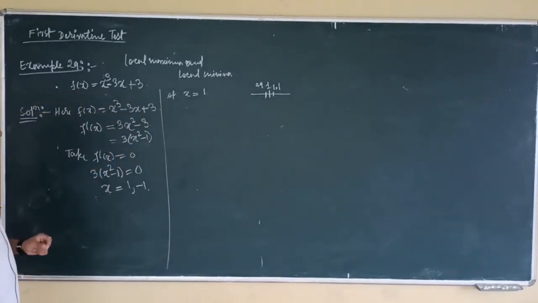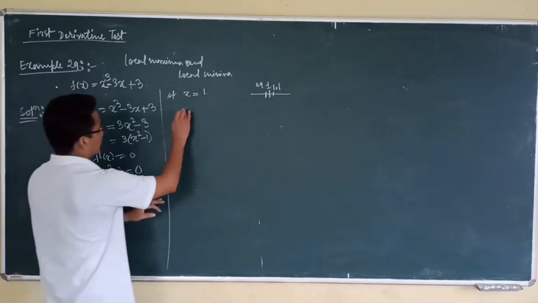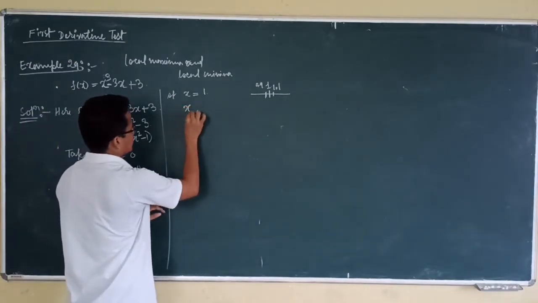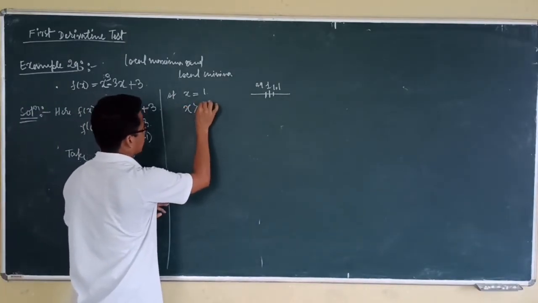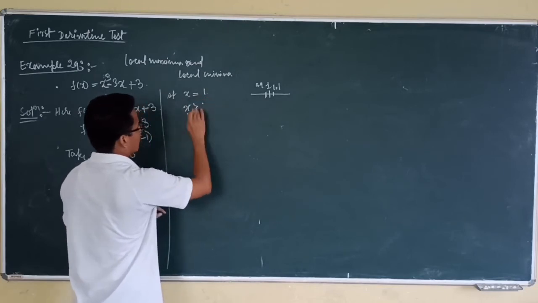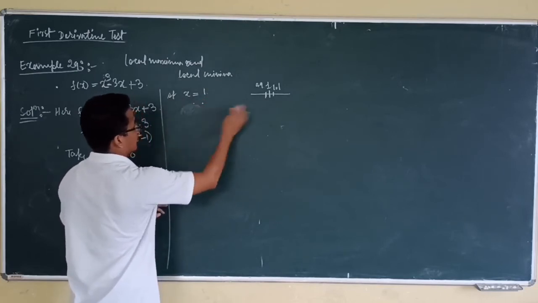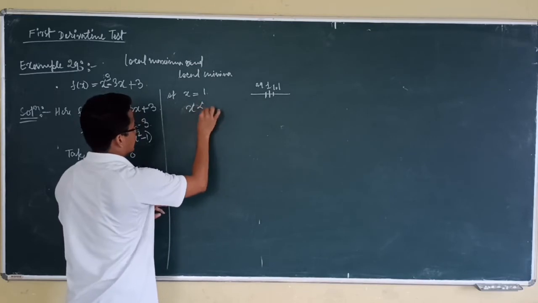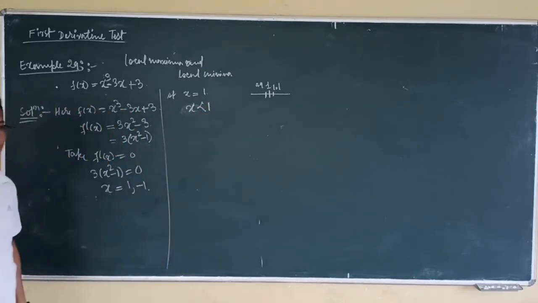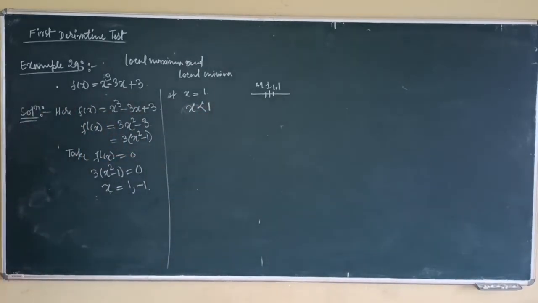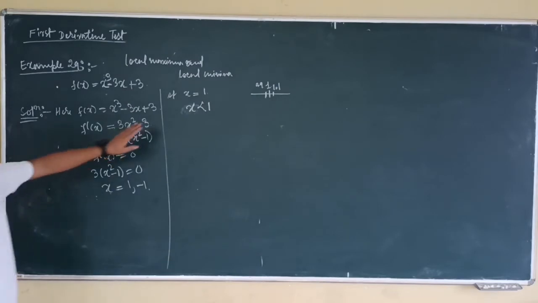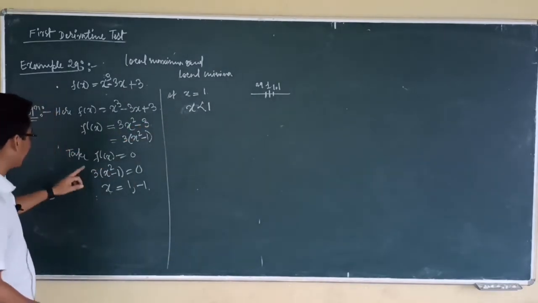Now let's see. First I will take x less than 1, this side. When x is less than 1, what do we get in f dash x?